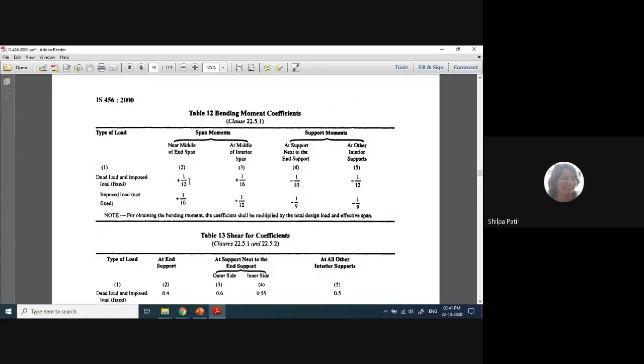That is the bending moment near the middle of the end span due to dead load. There is live load also acting on the slab, so plus WL² by 10. So my total moment near the middle of the end span will be WL² by 12 plus WL² by 10. Is it clear to everybody?